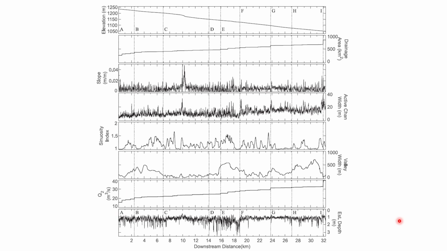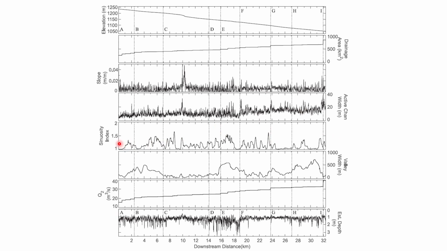Then we have drainage area on the next graph here. The slope, which is actually measured every, I think, 3 meters downstream. And then the width, this is called the active channel width. So this is the bank, what we call the bankfull width. So if we had our annual flood discharge, how wide would the river be?